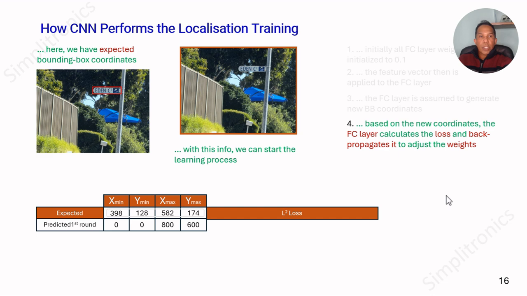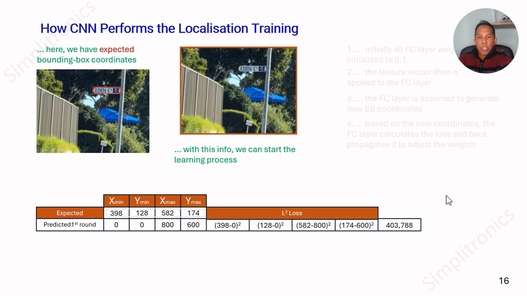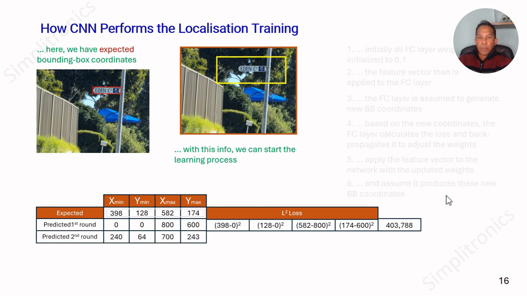Based on the new coordinates, the FC layer calculates the loss and back propagates it to adjust the weights. Then we apply the feature vector to the network with the updated weights and assume it produces new bounding box coordinates.